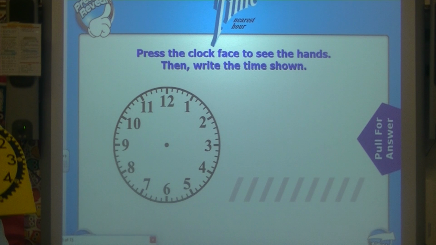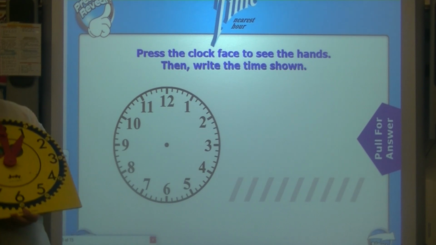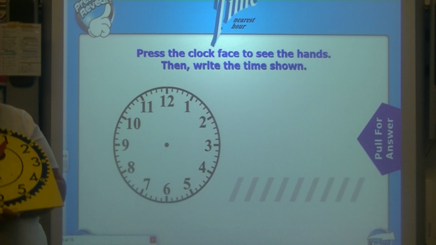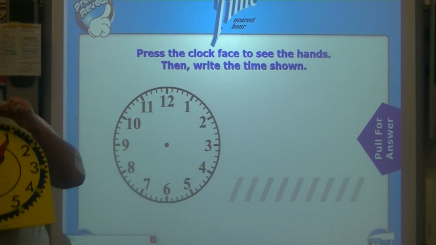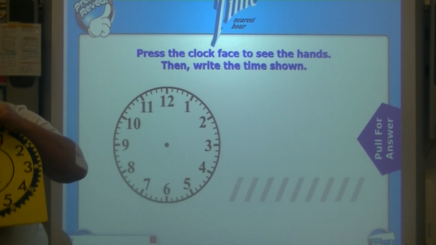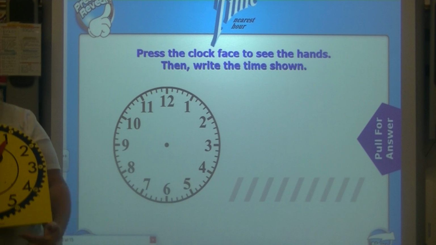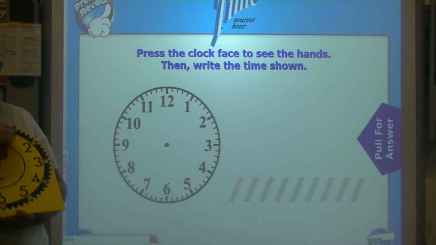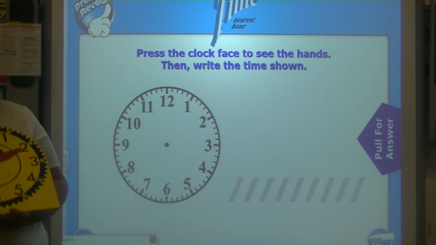Now, say we're in the classroom or you're at home and you're working very hard. And time starts to fly by. Watch Miss Spires' clock. I'm going to move this minute hand and watch what happens as my minute hand goes around the clock. Here it goes. What happened?